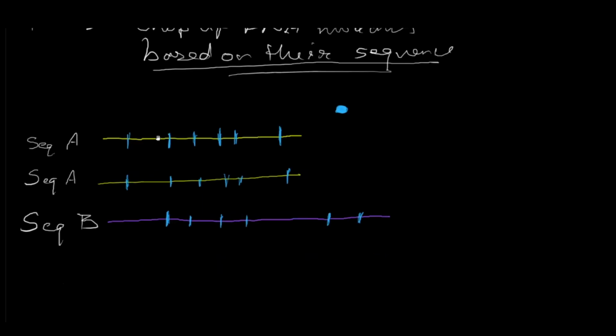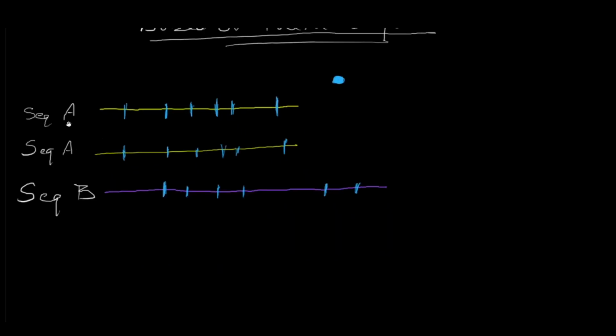It's important to understand what we mean by cutting it. At the end of all these cuts, what we're essentially going to get is a set of fragments. So sequence A is going to have fragments like these. There's a fragment before the first cut, which is, let's say, about this big.